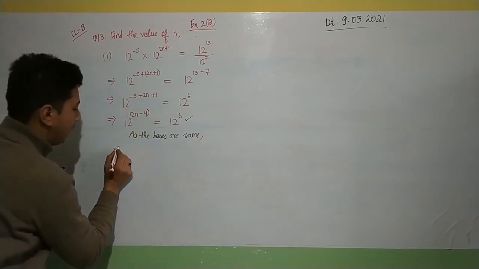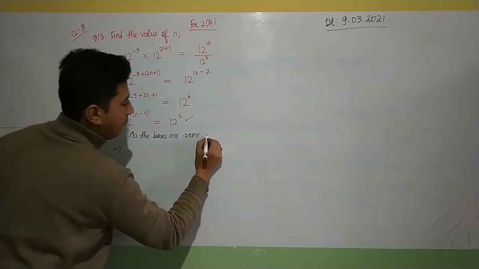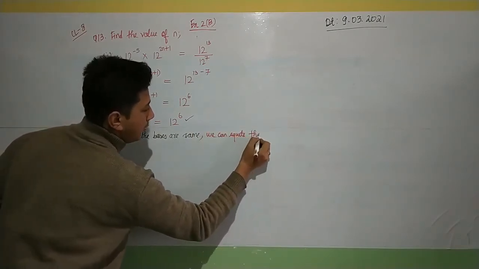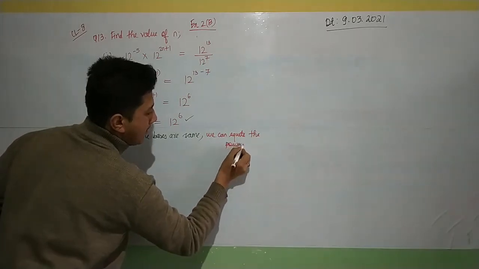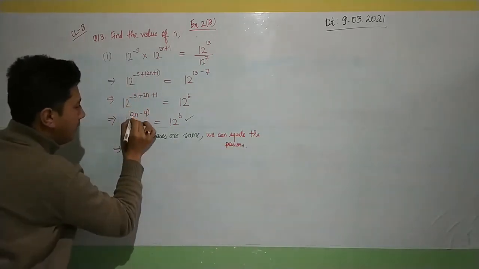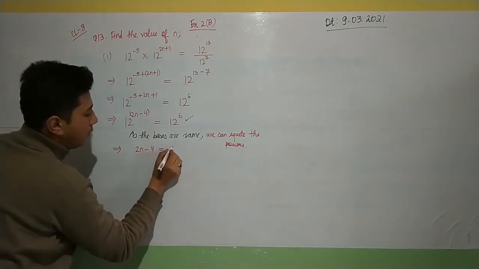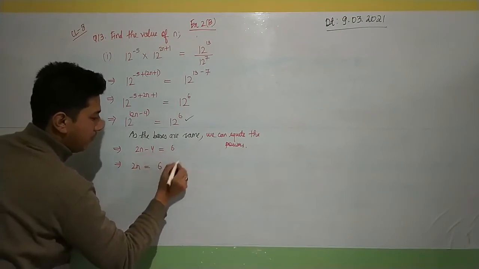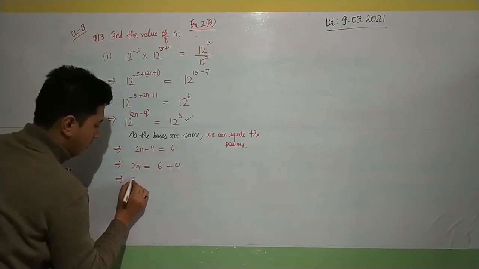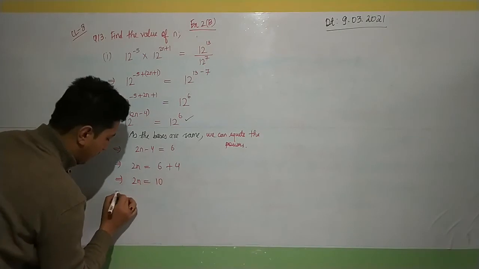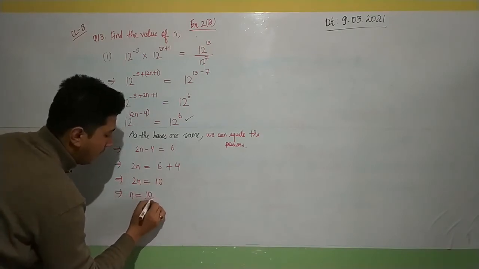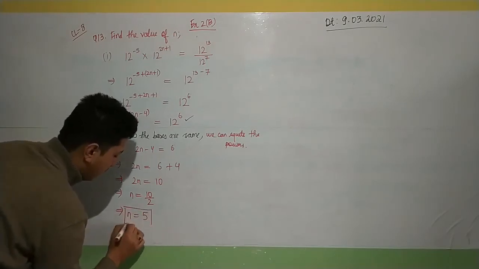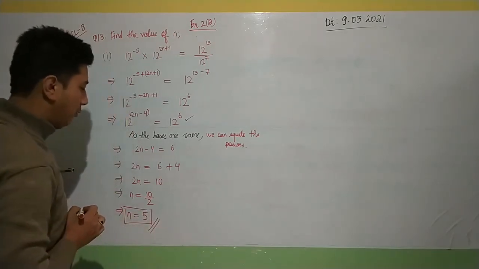So therefore this implies as the bases are same, we can equate the powers, which will give me 2n minus 4 equal to 6. So therefore 2n is equal to 6 plus 4. So therefore 2n is equal to 10. So hence n is equal to 10 by 2, which will give me n equals 5. So hence please note down the answer as n equals 5.